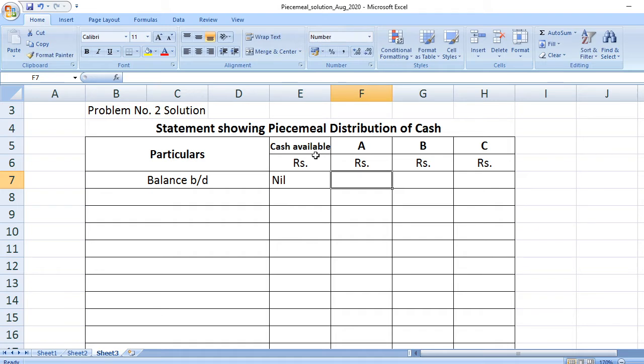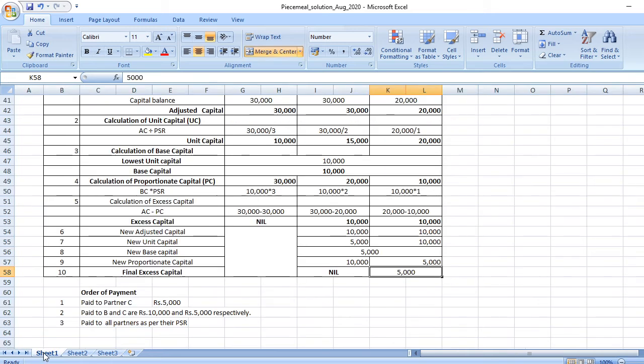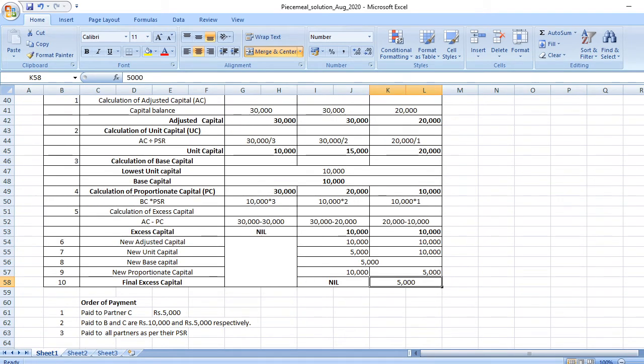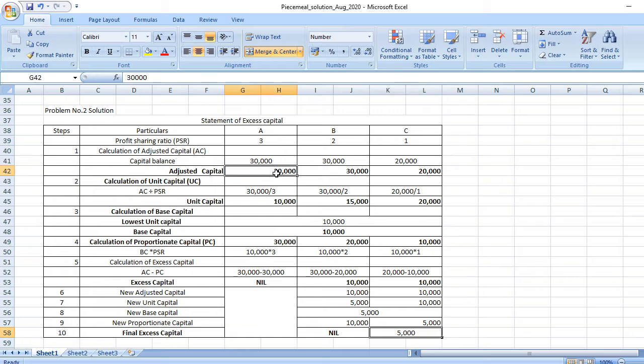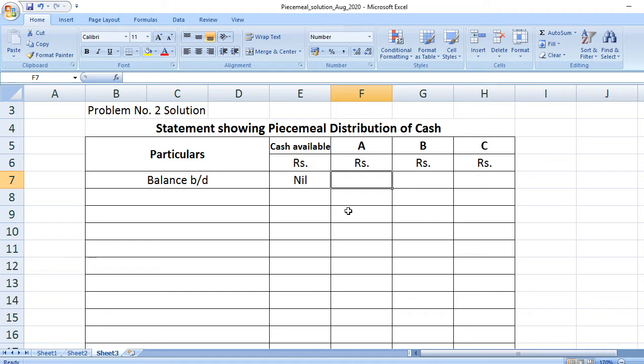Then whenever we write the partners A, B, C's balances, we have to consider the adjusted capital. The adjusted capital of A, B, C is 30,000, 30,000 and 20,000. The same amount we have to consider: 30,000, 30,000 and 20,000. So these are the adjusted capital considered for balance brought down.